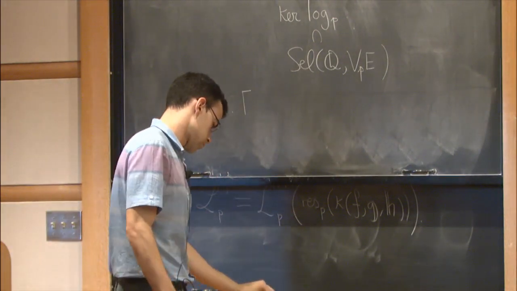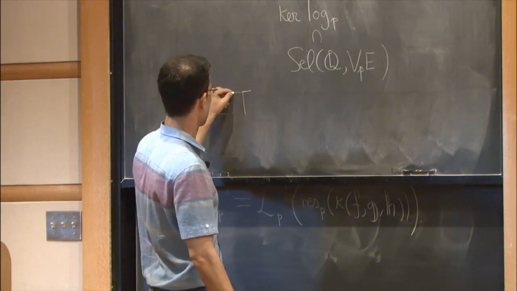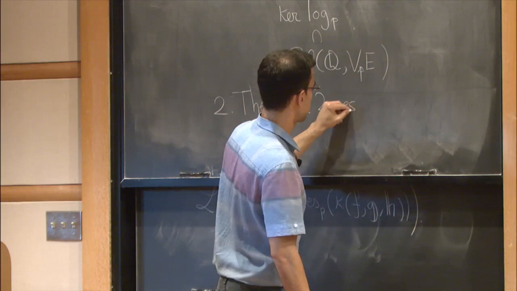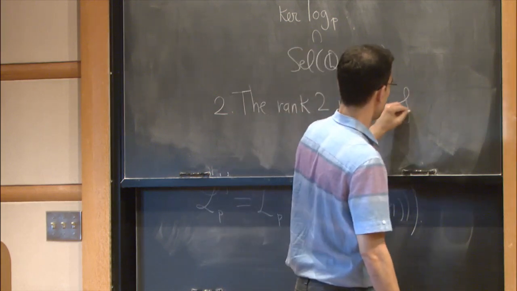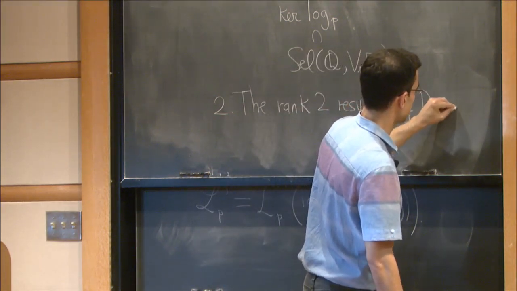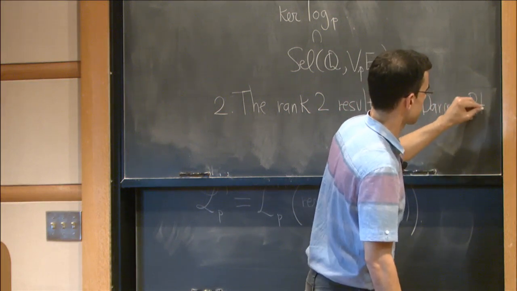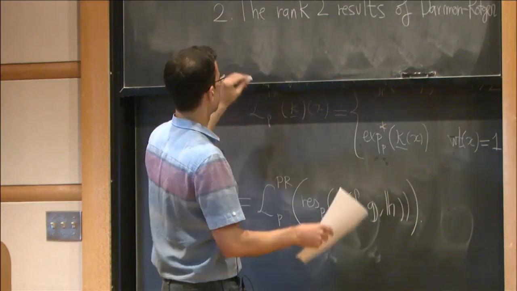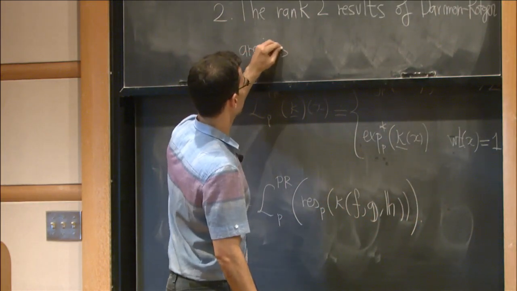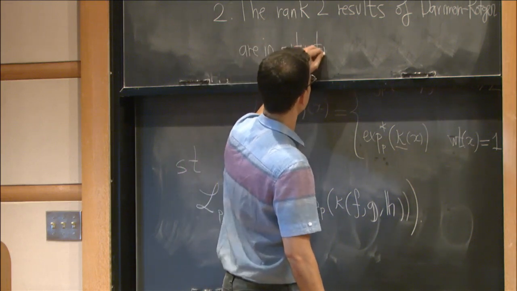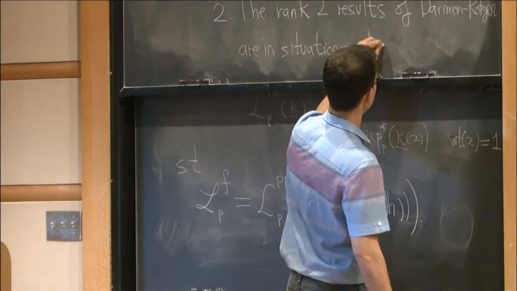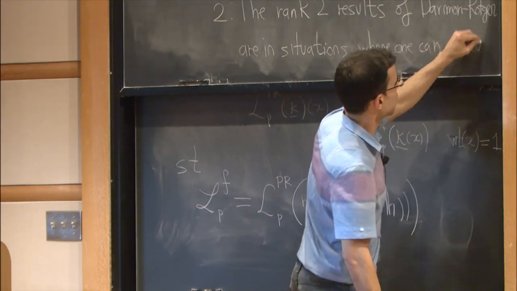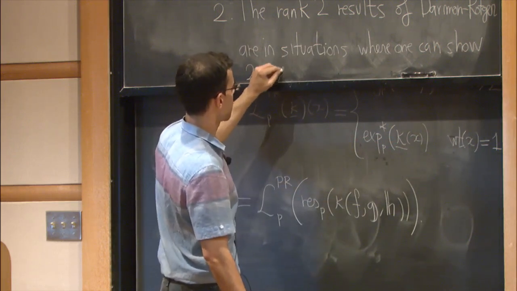Okay, so the rank 2 results of Darmon-Roger are in situations where one can show that two generalized Kato classes are linearly independent.